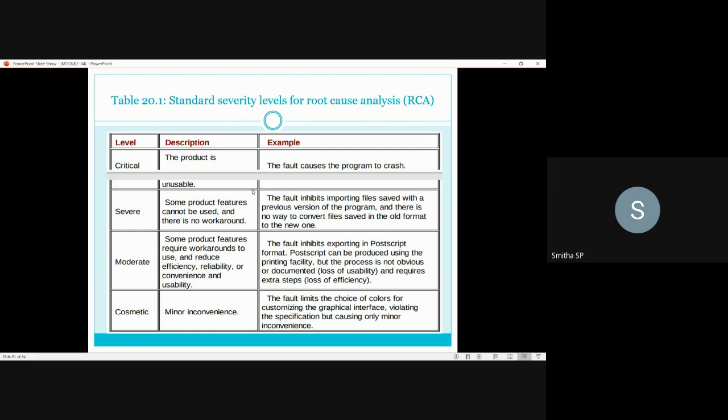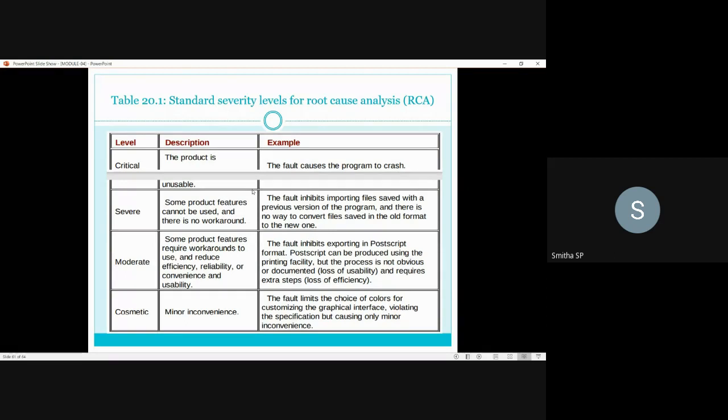The third class is moderate. In the moderate level, some product features require workarounds to use and reduce the efficiency, reliability, convenience, or usability.